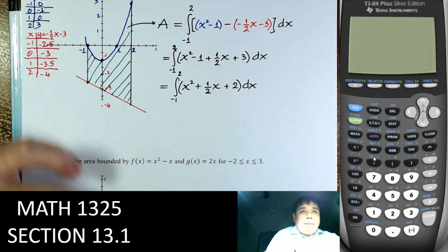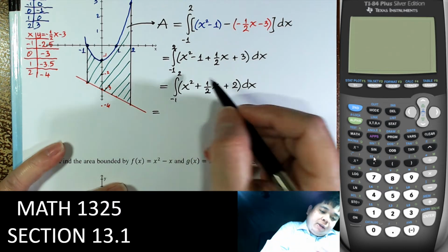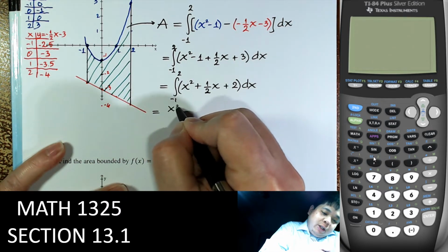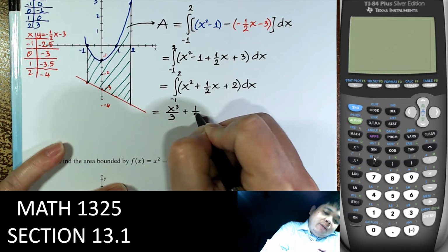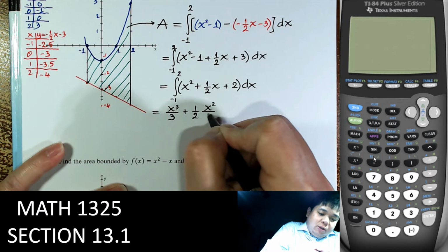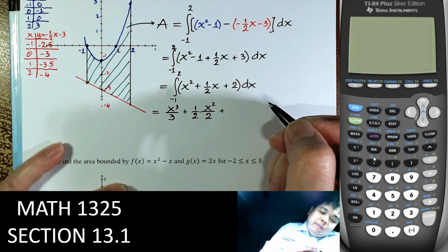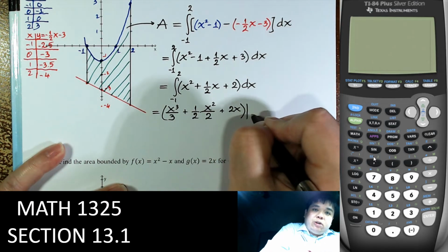We integrate. So it's simple. This power rule gives us x cubed over 3 plus 1/2 x squared over 2 plus 2x, going from -1 to 2.